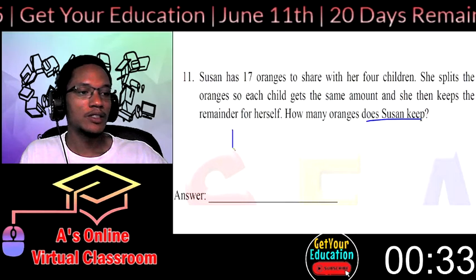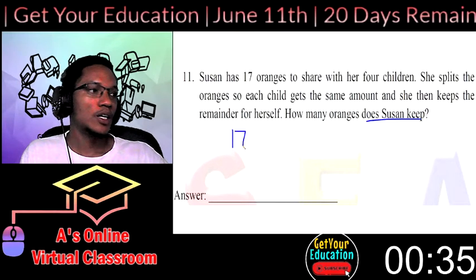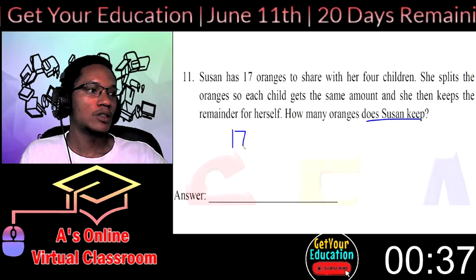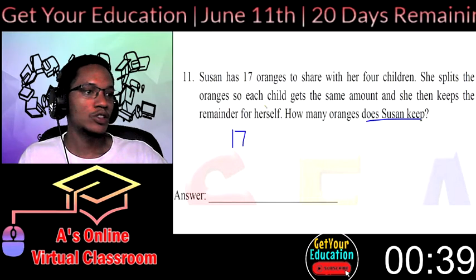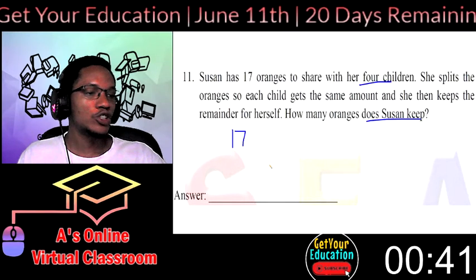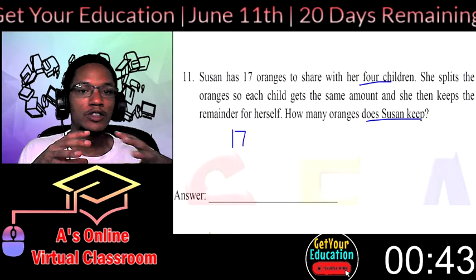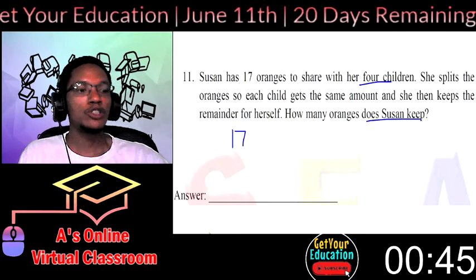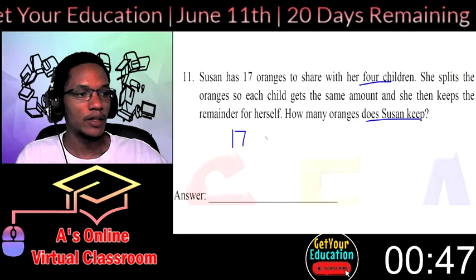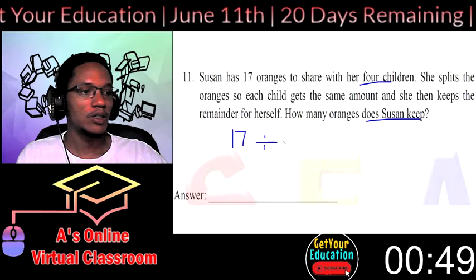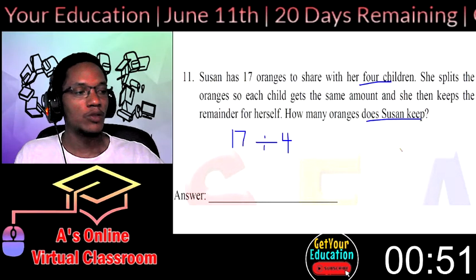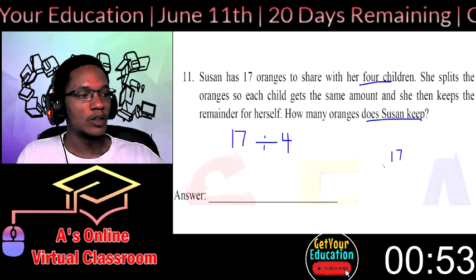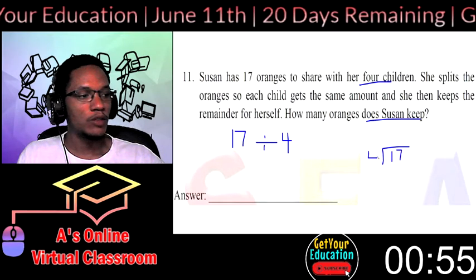So she has 17 oranges, and she has to split the oranges amongst 4 children. So anytime you have to share something, what we should do is divide or split it into 4 parts. We're going to divide by 4. So this is 17 divided by 4.